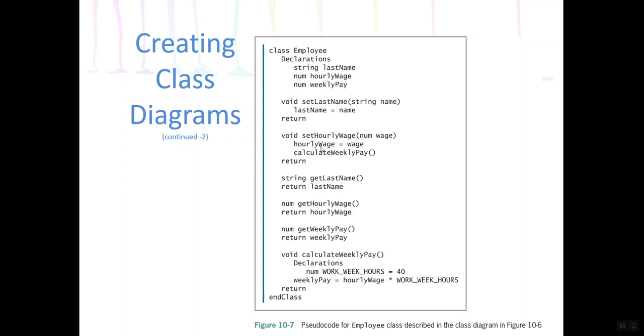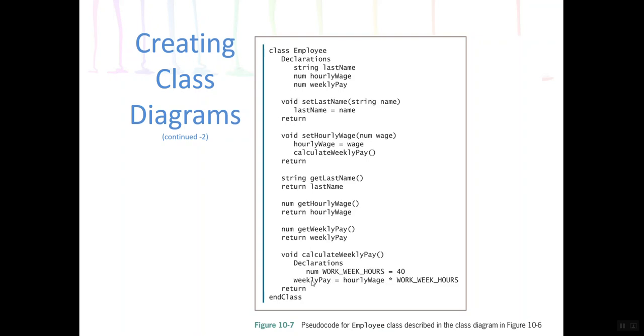Notice we don't have a set weekly pay, and the reason why is that weekly pay is updated by a method called calculate weekly pay, because basically it's just a calculation of whatever the hourly wage is times 40.